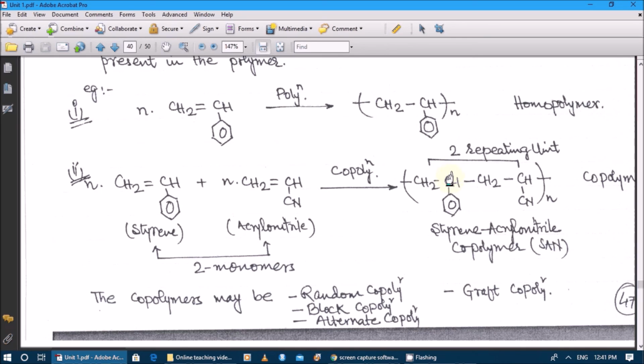Although there are two repeating units inside, one of styrene, another of acrylonitrile, the whole is the single repeating unit for the polymer styrene acrylonitrile copolymer. Sometimes it is known as SAN, styrene acrylonitrile copolymer. So this is the one unit of styrene acrylonitrile copolymer, which is composed of two repeating units, one of styrene, another of acrylonitrile.